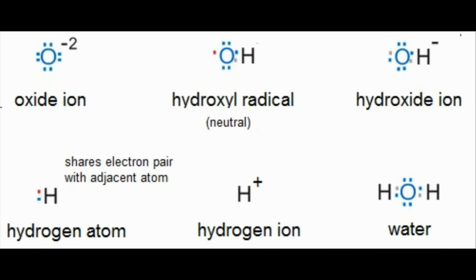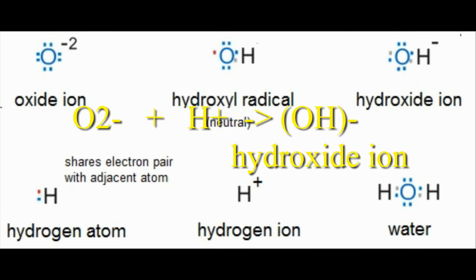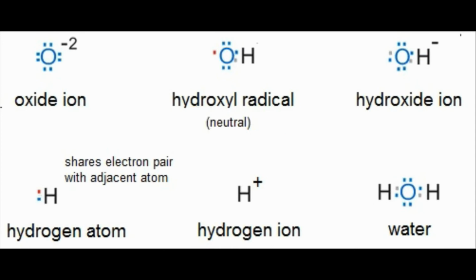So there you see in the upper left, the oxide ion, the oxygen -2, it's got 8 electrons. And on the bottom in the middle, you have the hydrogen ion, H+, with no electrons. Well, it could connect with a covalent bond and form a hydroxide ion, so an OH. And you notice since it's got a -2 for the oxygen ion and a +1 for the hydrogen ion, it'll have a -1 charge.